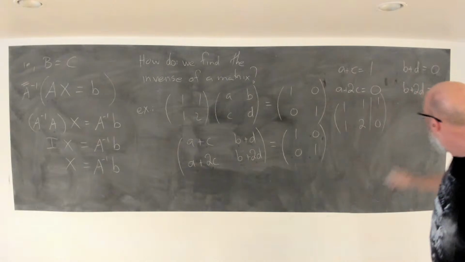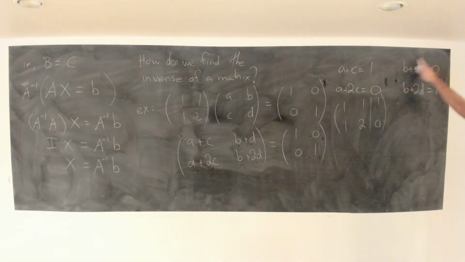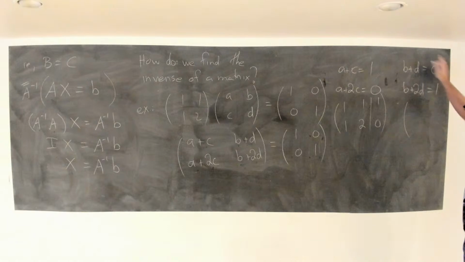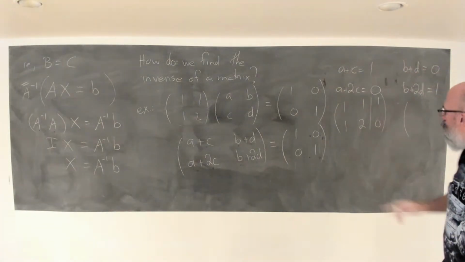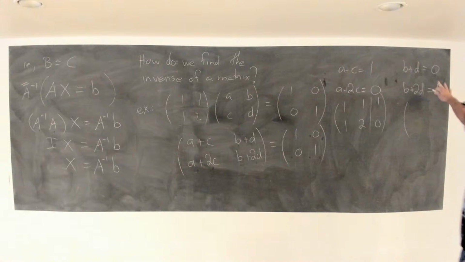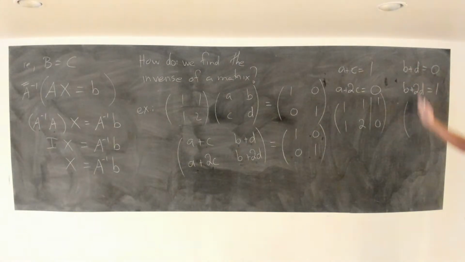But hold on. Let's do the same thing here. Let's set up an augmented matrix solving for this, where we'll reserve the first column for the B's, second column for the D's, and then the constants. So B plus 2D equals 1.